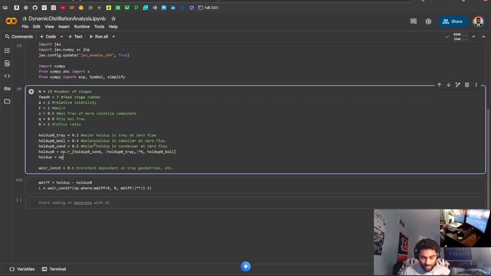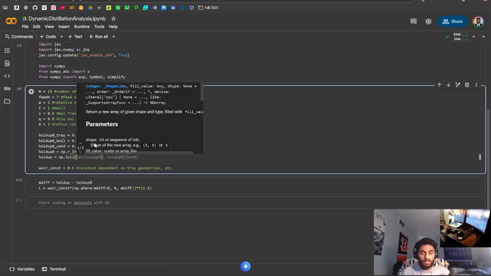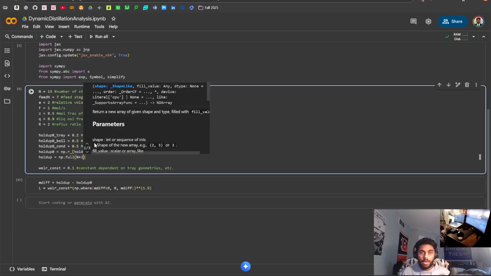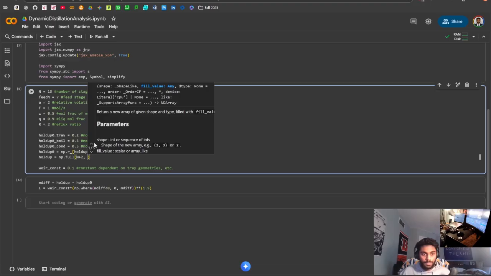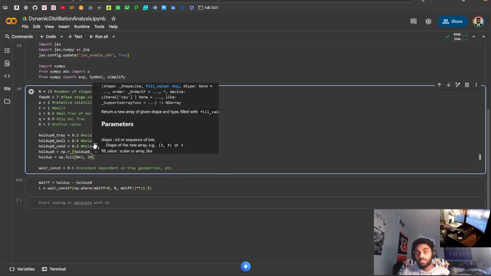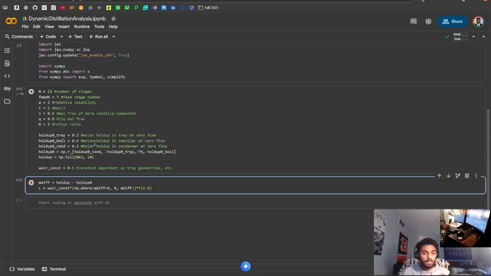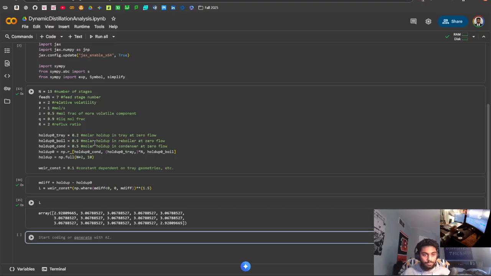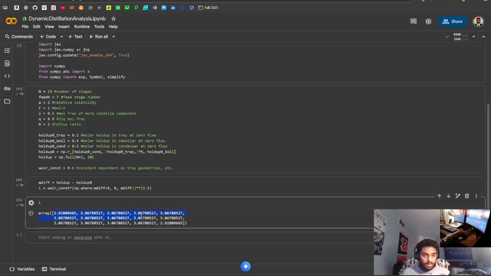I'll go np.full. This is going to create a full array depending on the size and the value that I want it to be. So I'm going to go n plus 2 to account for our condenser and reboiler. And our problem statement says that everything is initially filled with 10 moles. And now if I do this and I calculate L, we get the initial liquid flow rates.